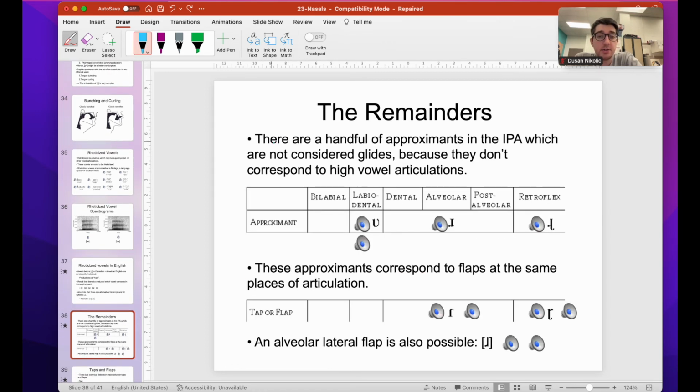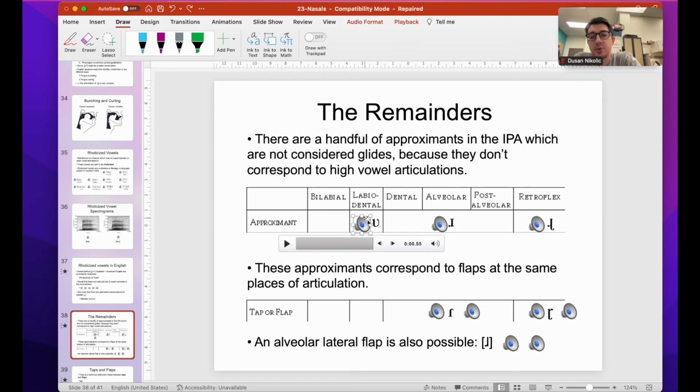There are a handful of approximants in the IPA which are not considered glides, because they don't correspond to high vowel articulations. So that's important to say. These are not really gliding, as if they were high vowels, but they are, for example, the labiodental approximant.